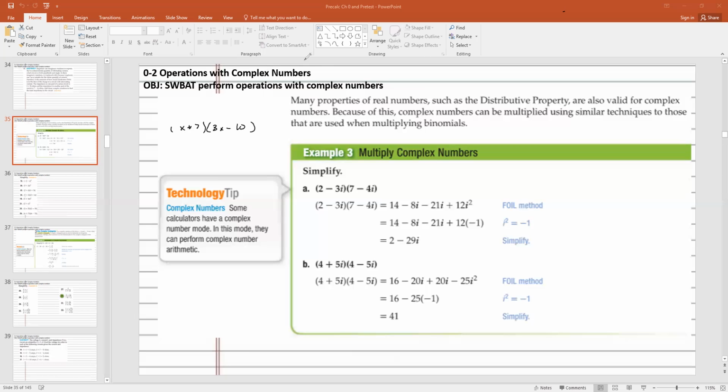You want to distribute each of these terms on the left side to each of the terms on the right side. And then you have to add those together afterwards, right? So we're going to be doing the same thing, but this time with complex numbers.